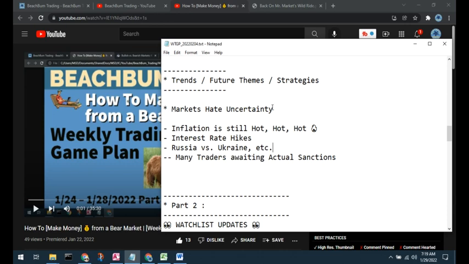Some things I want to point out is, in general, markets hate uncertainty, and there's a lot of uncertainty. Although the fear gauge really has not spiked, we're still not in extreme fear, which says there's still an opportunity for a capitulation bottom with extreme fear, and a lot of people are waiting for that extreme fear to call the bottom.